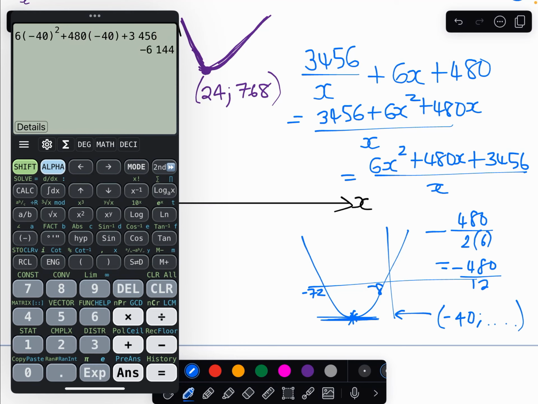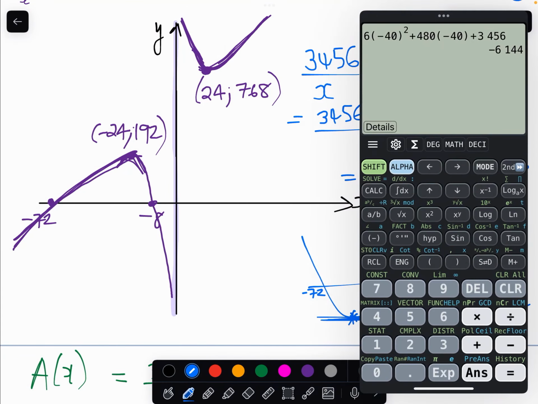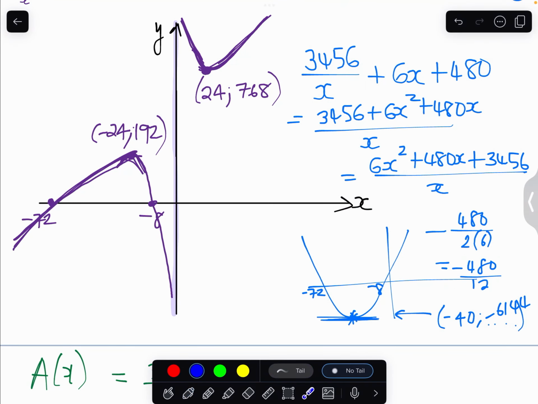So that will be negative 6144. So we know that the smallest that the numerator can be is negative 6144. The x can be anything other than 0.